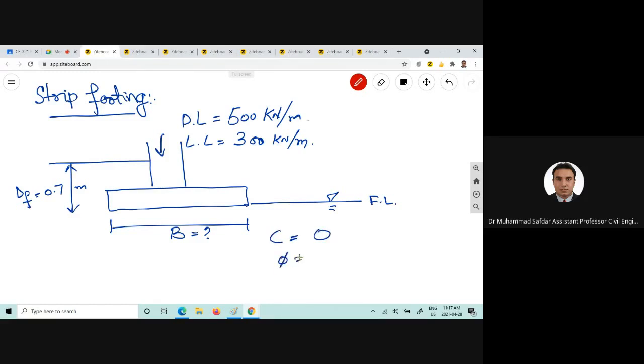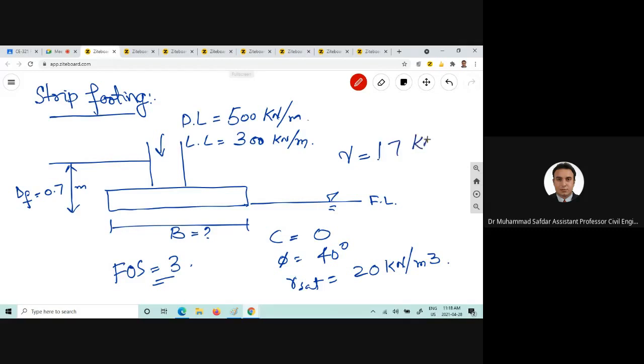Friction angle is equal to 40 degrees, and gamma saturated for this soil layer is equal to 20. The factor of safety should be equal to 3, and the unit weight for this soil would be 17 kilonewton per cubic meter.